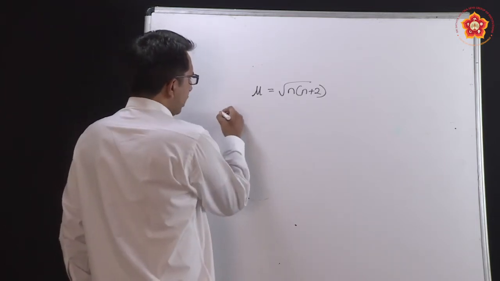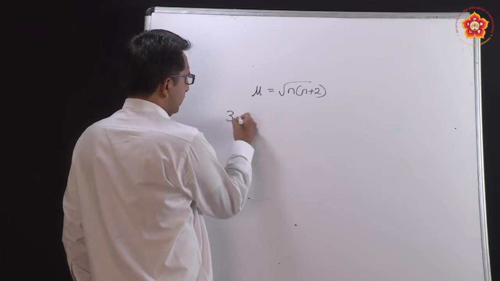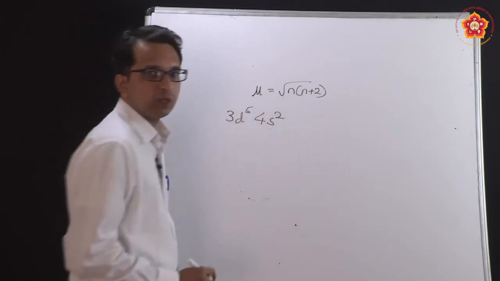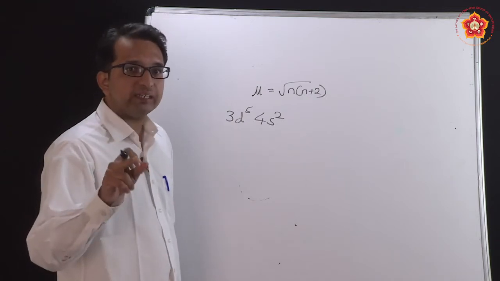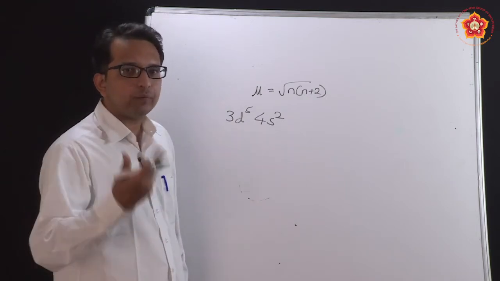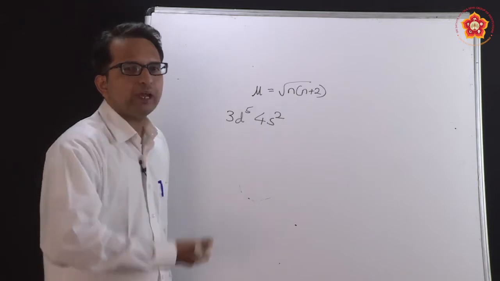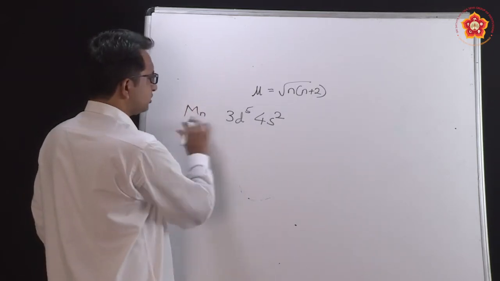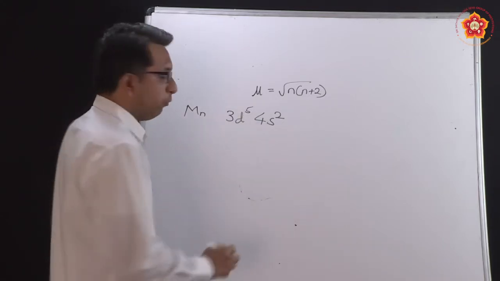Now, when we say atomic number 25, the configuration is going to be 3d5 4s2, and they have told us that it is a divalent ion. What do we mean by a divalent ion? 2 electrons will be removed, which basically gives a +2 charge. Now, this is nothing but the configuration for manganese.